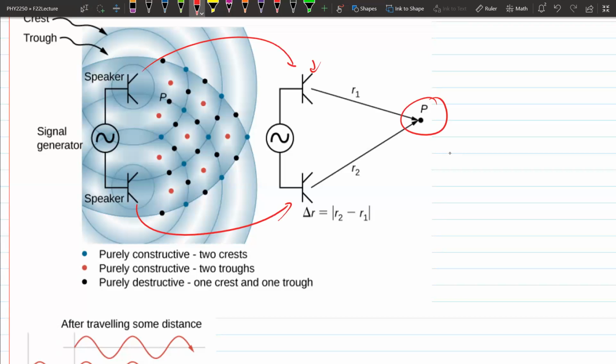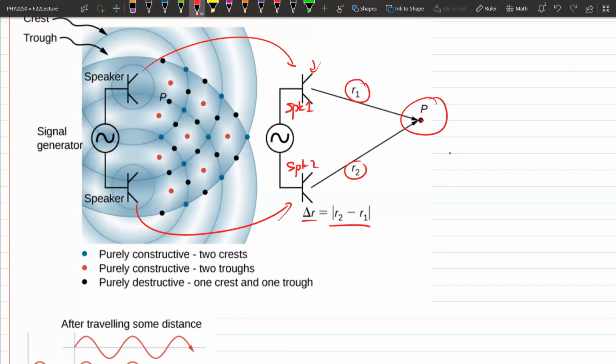If we pick some point P here, this point P is some vector R1 away from speaker 1, and R2 away from speaker number 2. Therefore, the difference in distance between the two speakers is just the magnitude of R2 minus R1.